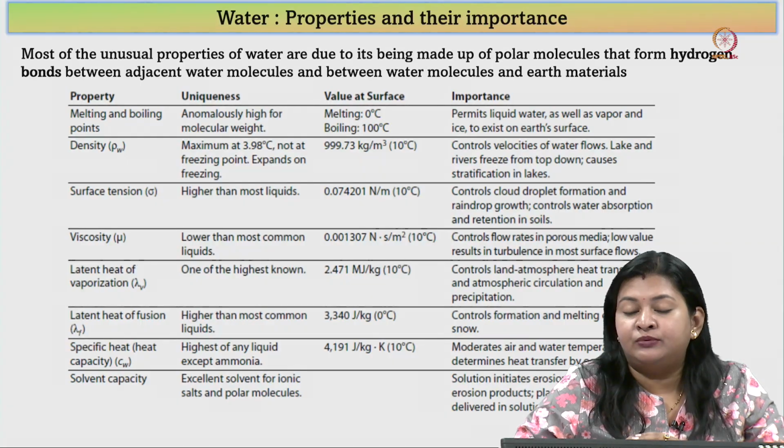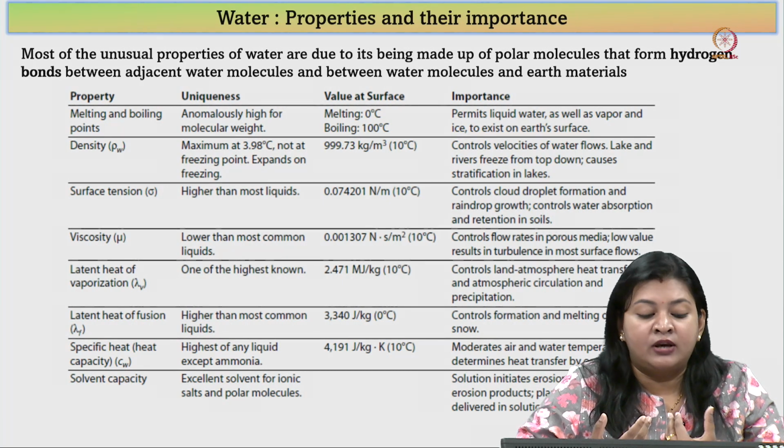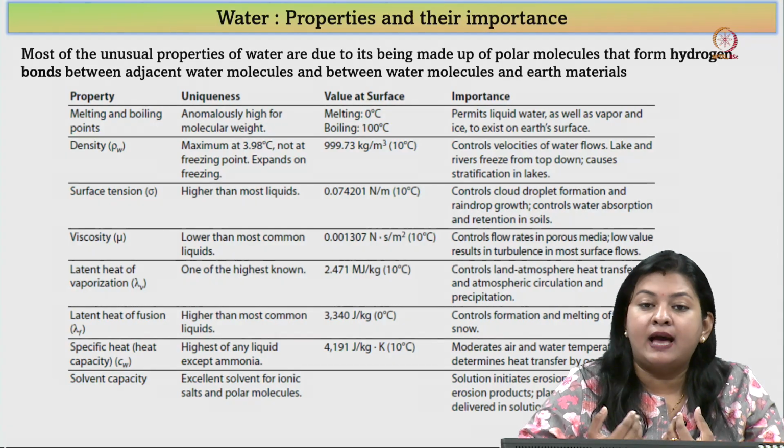The low value results in turbulence in most surface flows. In some places you will see a turbulent flow, sometimes due to high velocity.